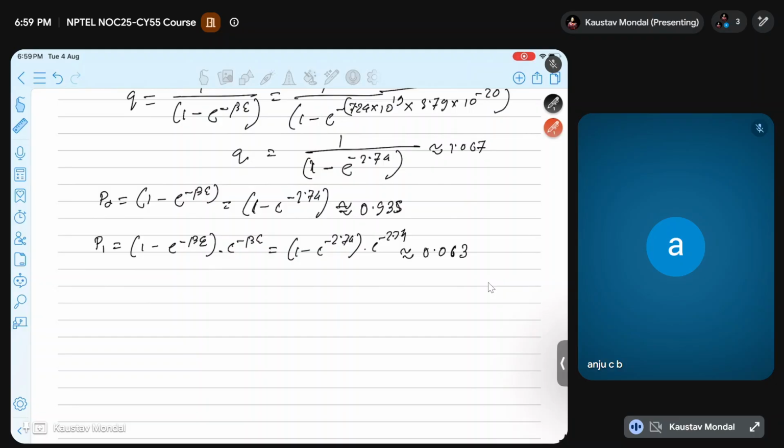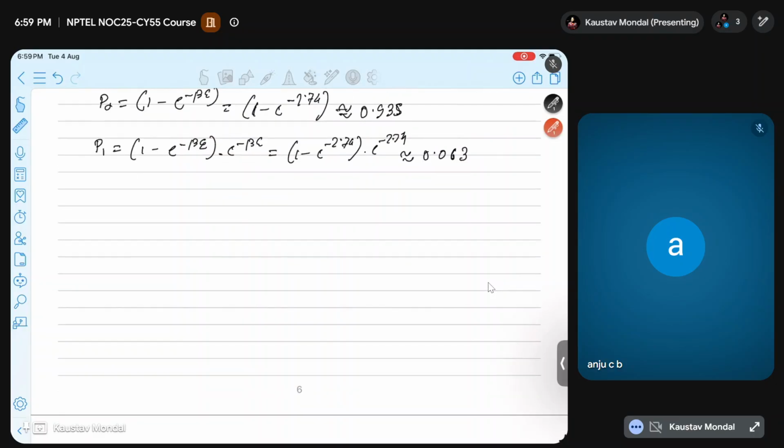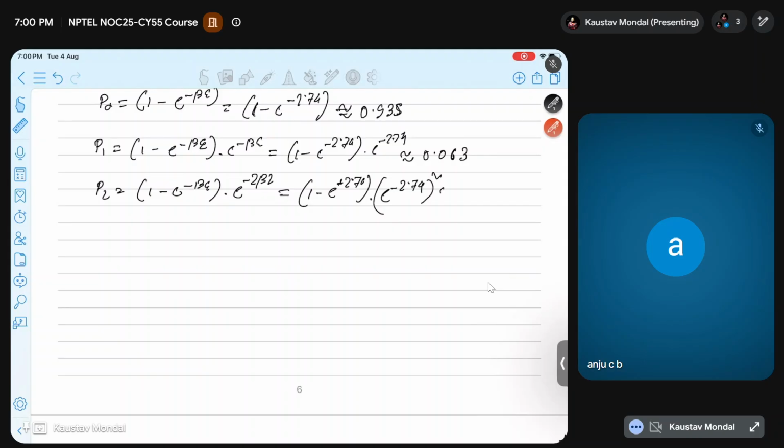In a similar way for the second excited state, P2 is 1 minus e to the power minus beta e into e to the power minus 2 beta e. So it will give you 1 minus e to the power minus 2.74 into e to the power minus 2.74 whole square, which is roughly around 0.0042.